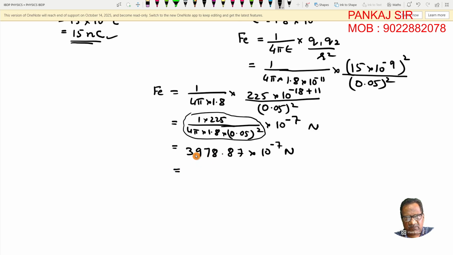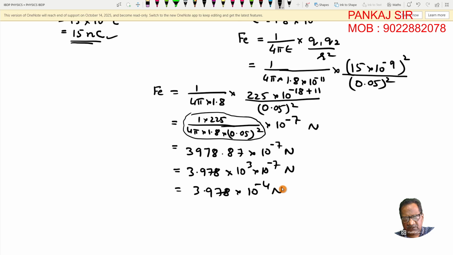Suppose I bring the decimal over here. So 3.978. How many decimals have I shifted? 1, 2 and 3. So into 10 raised to 3 into 10 raised to minus 7 Newton. This works out to 3.978 into 10 raised to minus 3 minus 7, which is minus 4 Newton.